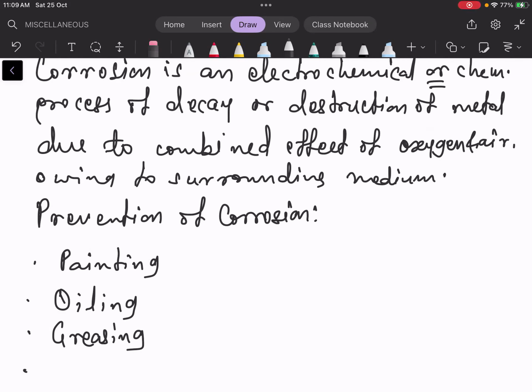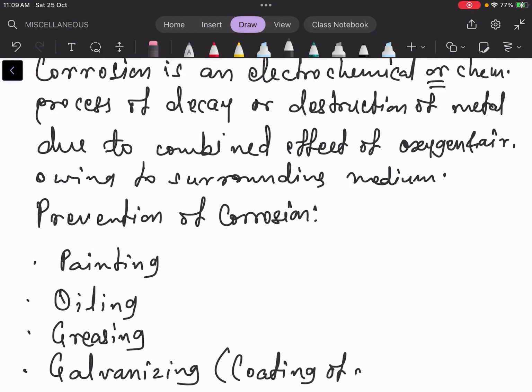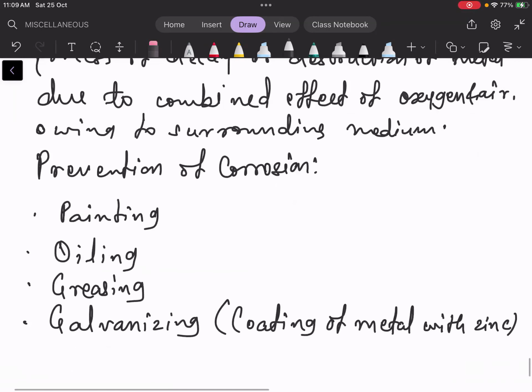Next, by galvanizing. What is galvanization? Coating of base metal with zinc. Coating of metal with zinc, that is called what?